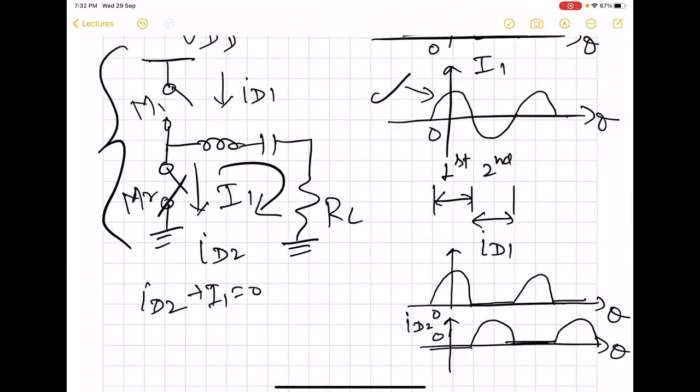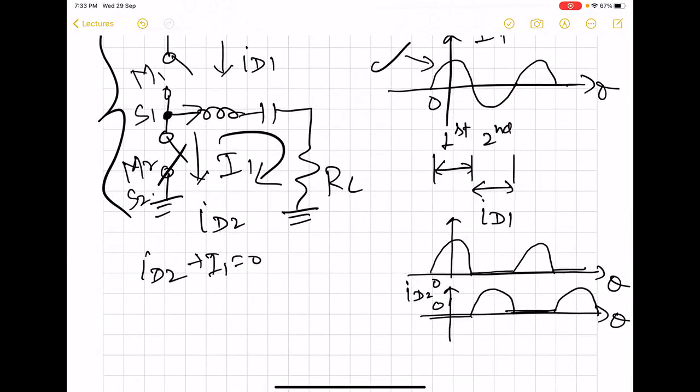Now we see that there are three currents: ID1 flowing from the drain towards node source S1, ID2 flowing away from S1 towards S2 or ground, and then I1 towards the load network.